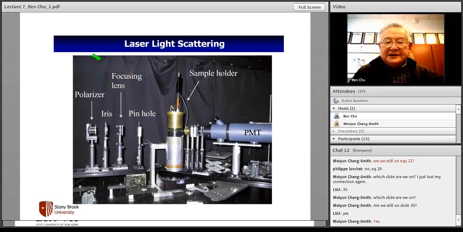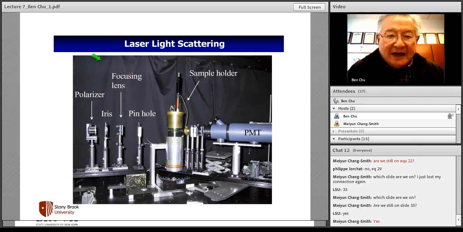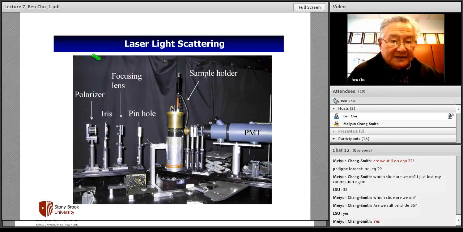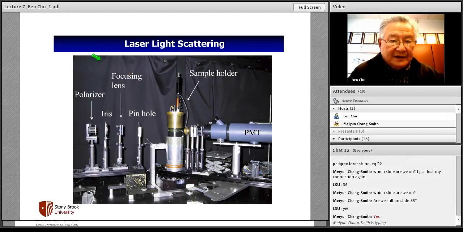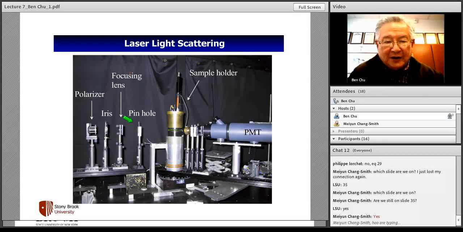So the students ask how we make these measurements, and this example is one of the instruments that we have. You have a polarizer, an iris which limits the laser beam, and a focusing lens as indicated here. You have a pinhole further on, which people sometimes call a spatial filter, to clean up the laser beam, and this is shone onto the sample which is sitting in there.